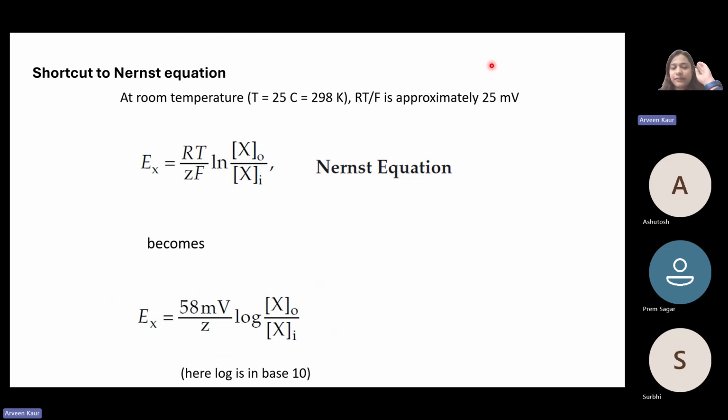We can calculate it and find out. So the Nernst equation automatically becomes Ex is equal to 58 millivolt by Z into log Xo by Xi, right?